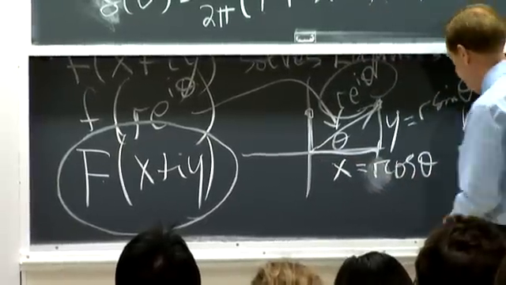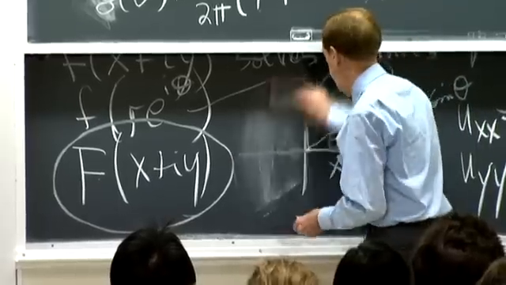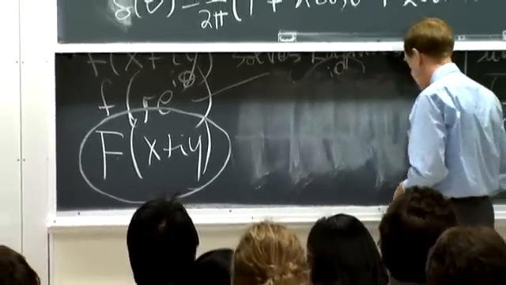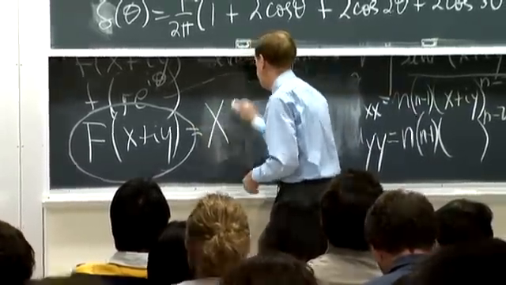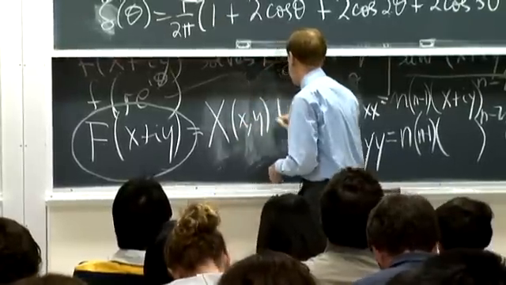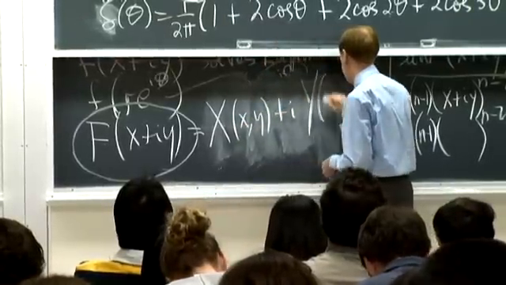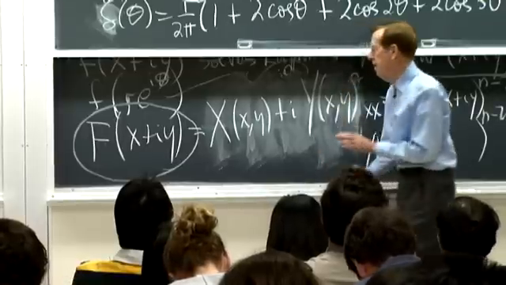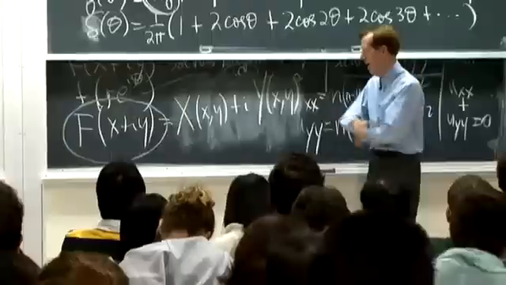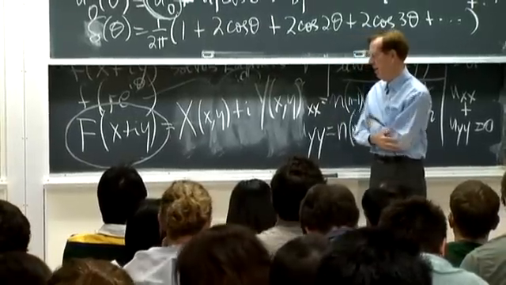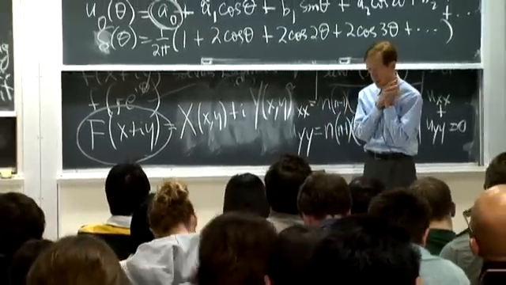Change variables. Conformal mapping is a change of variables. He picks some function and lets its real part be capital X and its imaginary part be capital Y. Okay, this is totally ridiculous to put conformal mapping in 30 seconds, but never mind.